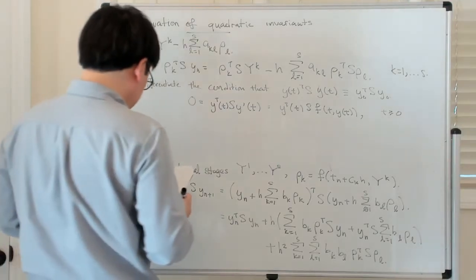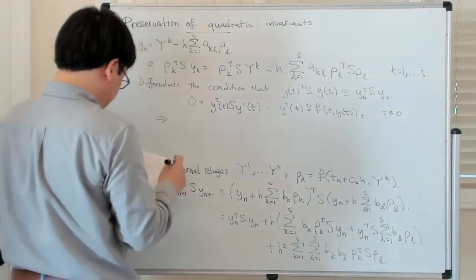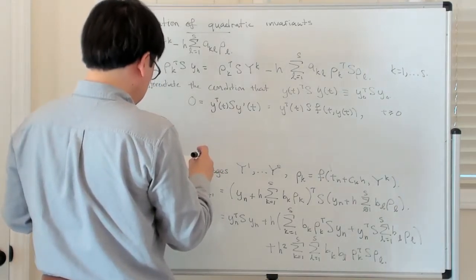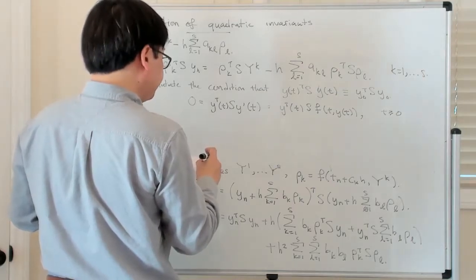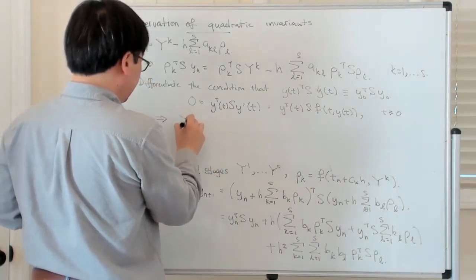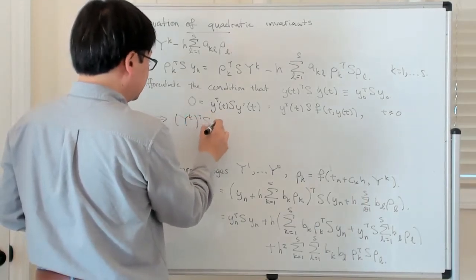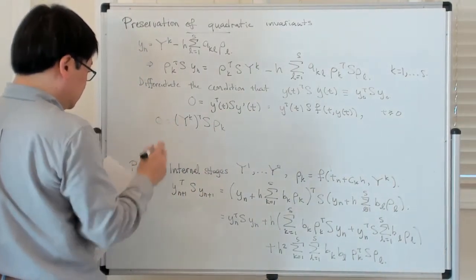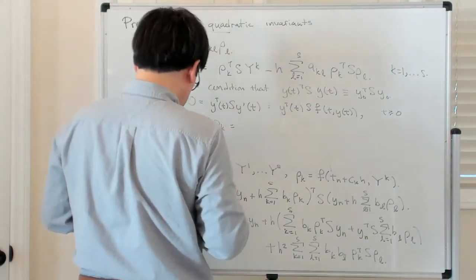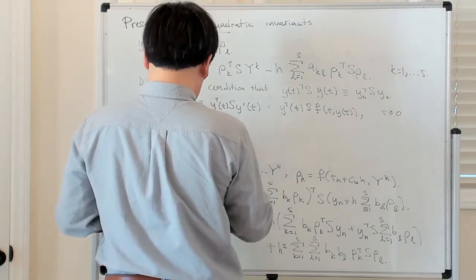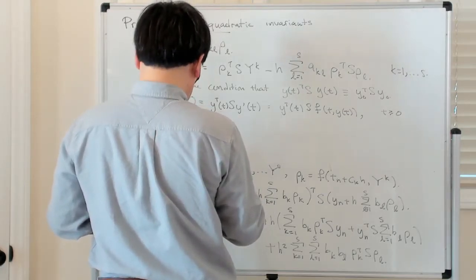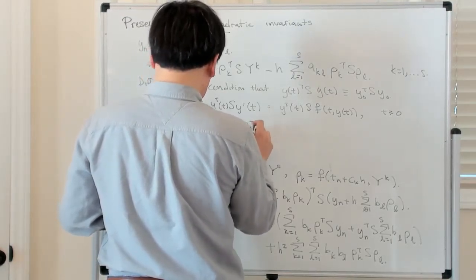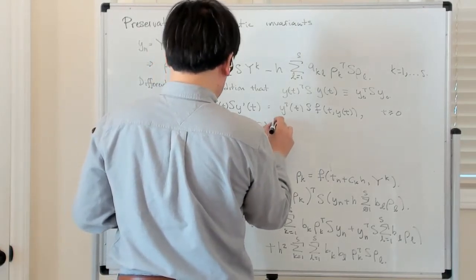So this implies that yk transpose S rho k is equal to 0, but this is also equal to rho k transpose S yk.